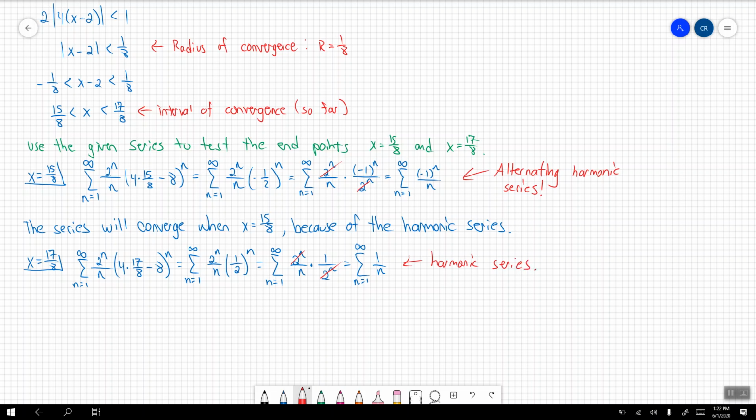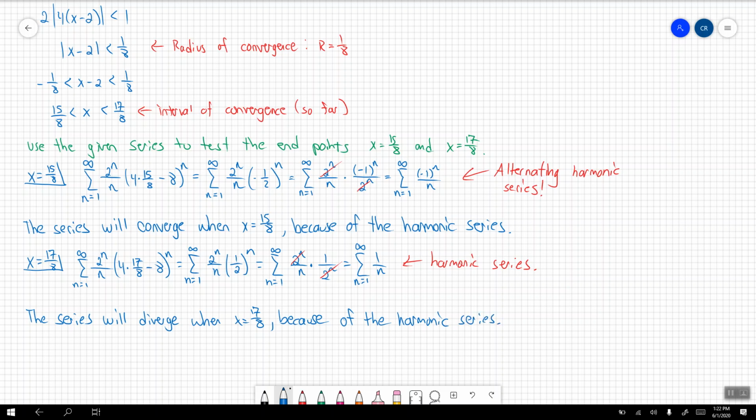The harmonic series diverges. So the series will diverge when x is equal to 17/8, because of the harmonic series.